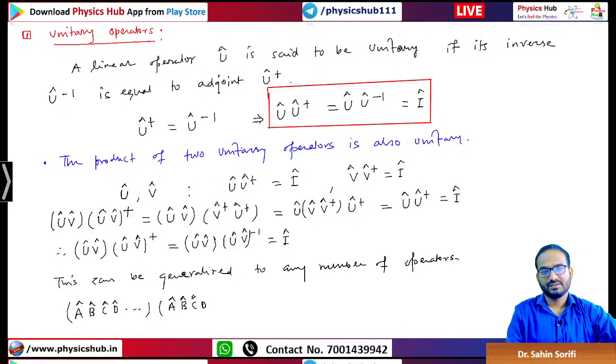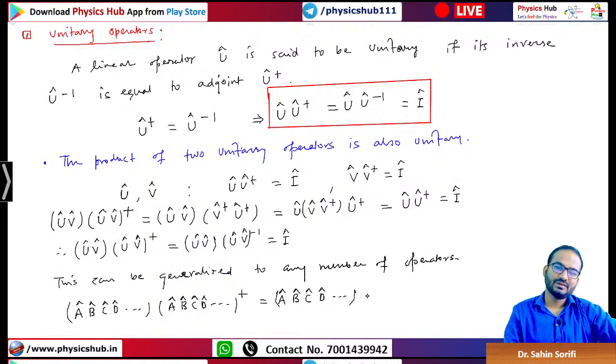Take the dagger of A, B, C, D. The dagger will reverse the order, so it will become D dagger, C dagger, B dagger, and finally A dagger.